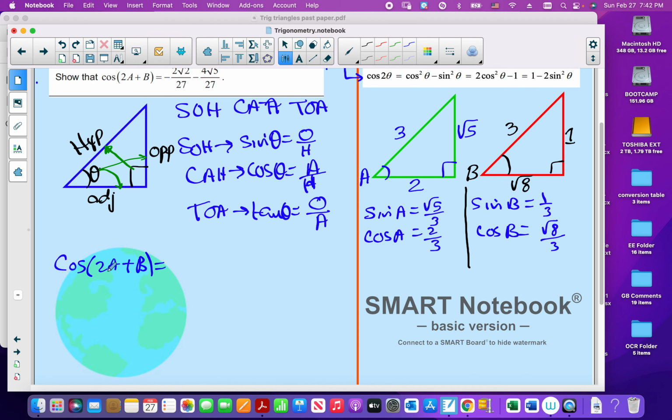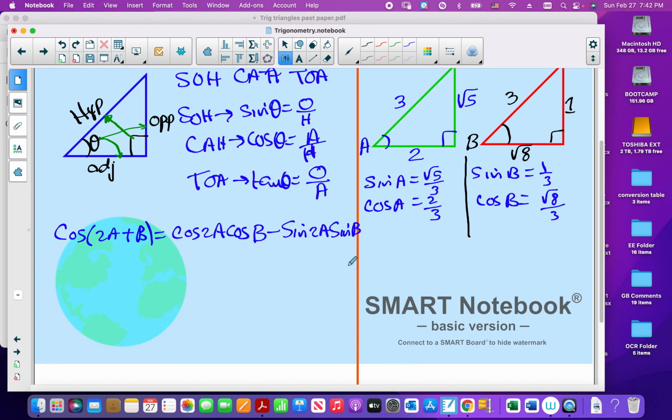So that will equal cosine 2A cosine B, and the sign will switch to minus sine 2A sine B. So I need the value of sine 2A from this triangle.